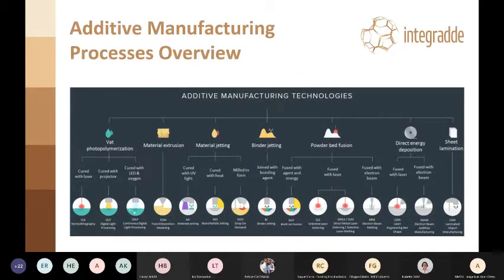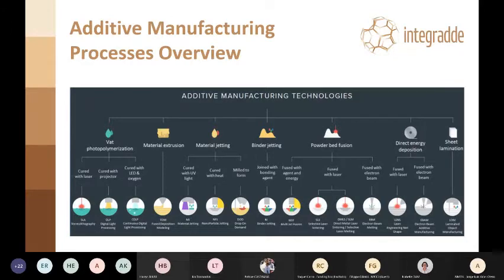And as some of the presenters have shown, here you can see all the current additive manufacturing technologies, ranging from photopolymerization, material extrusion, material jetting, binder jetting, powder bed fusion, direct energy deposition, and sheet lamination.